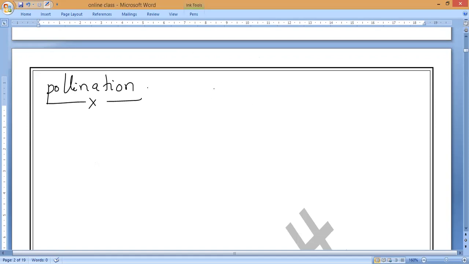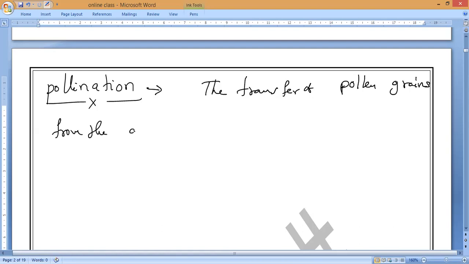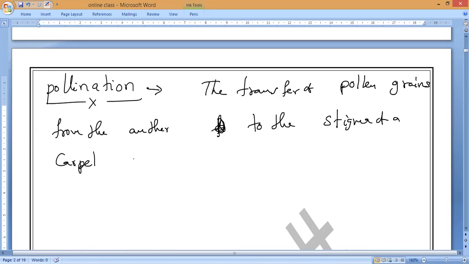So what do you mean by pollination, guys? First of all, the transfer of pollen grains from the anther to the stigma of a carpel is called pollination.